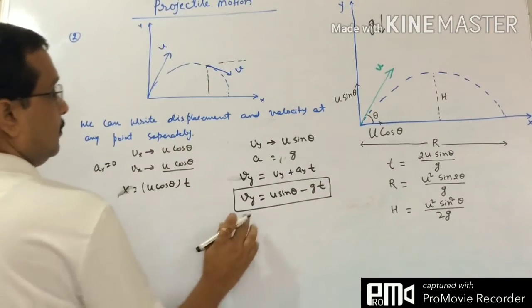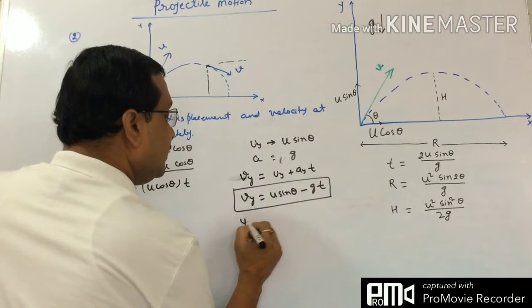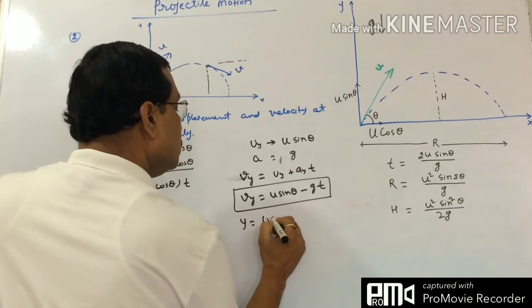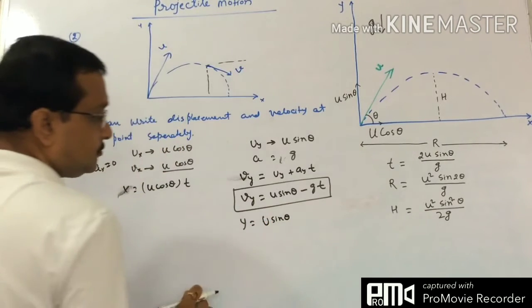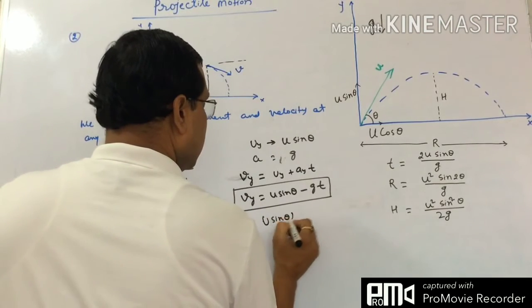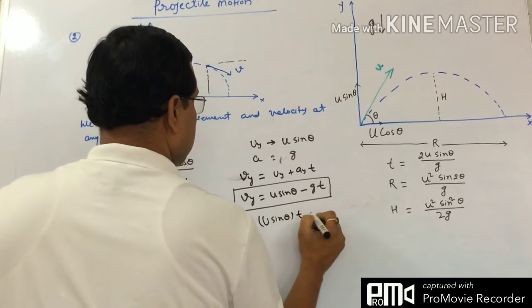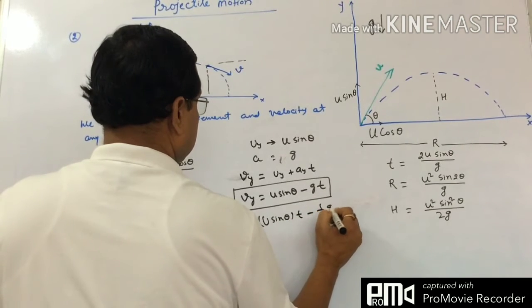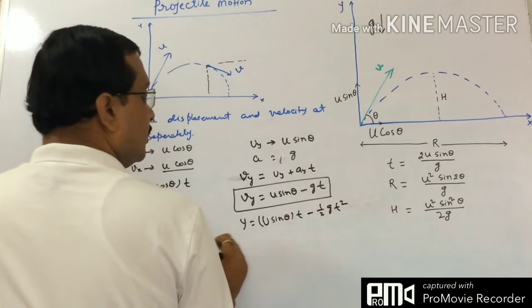So y can be written as u sin theta into t minus half gt square.